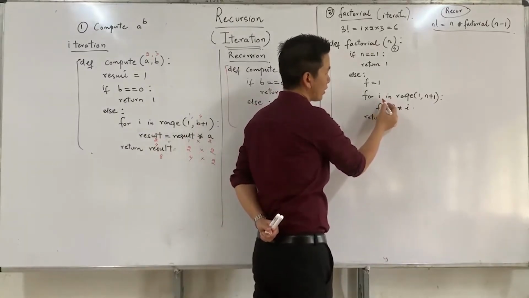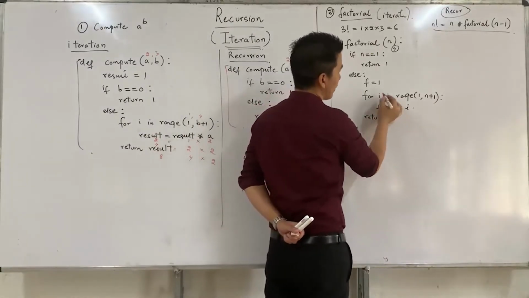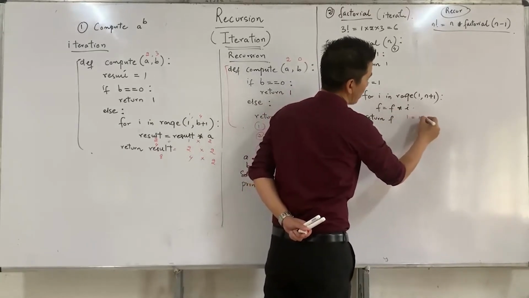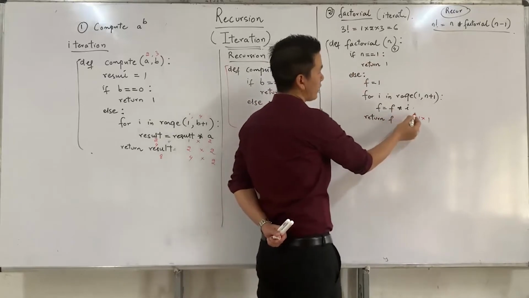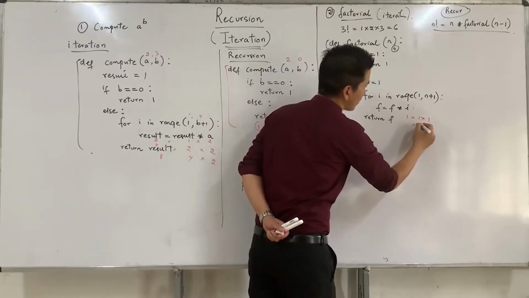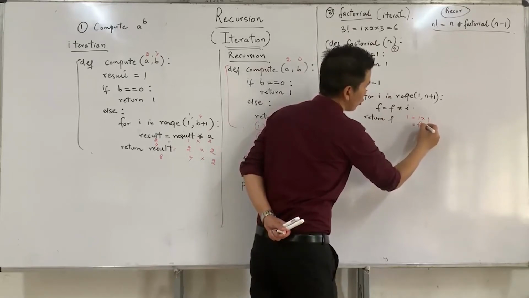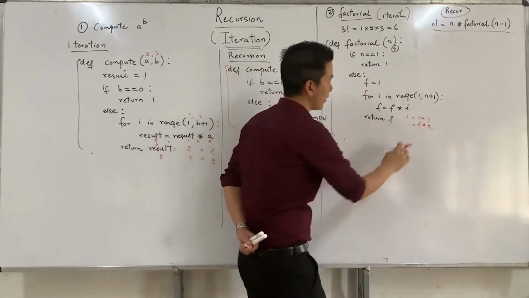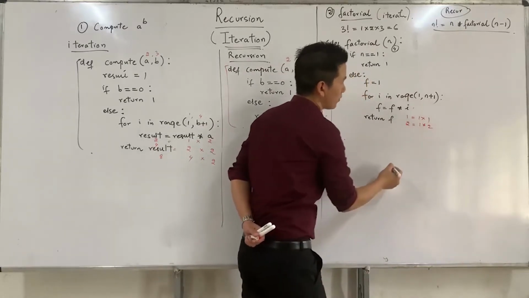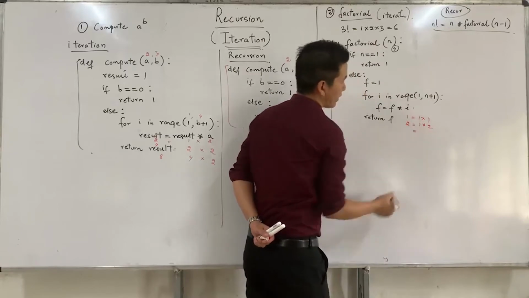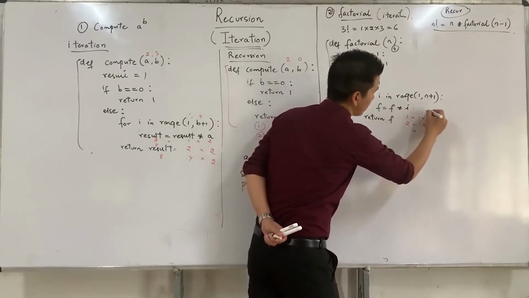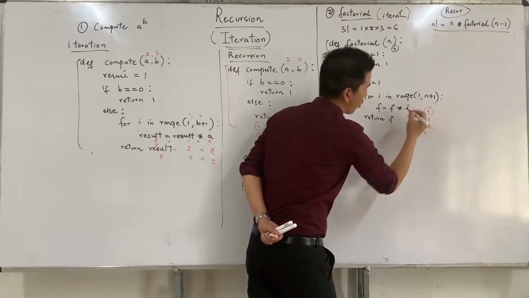This particular loop starts with the value of i as 1, f being 1, 1 multiplied by 1 equals 1, and then when the value of i changes to 2, 1 into 2 will be 2. These are the values of i and these are the values of f.